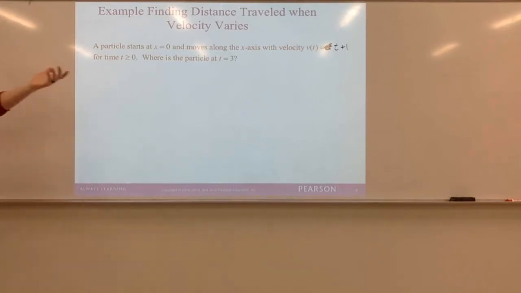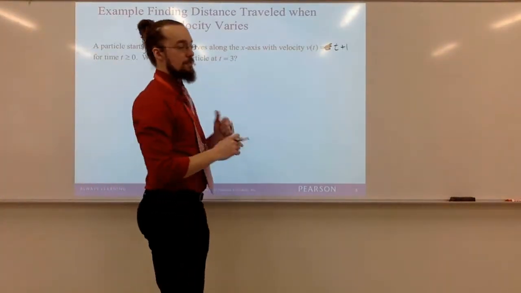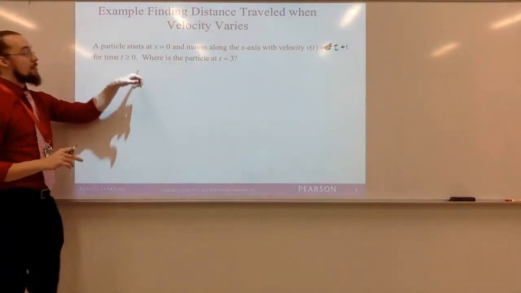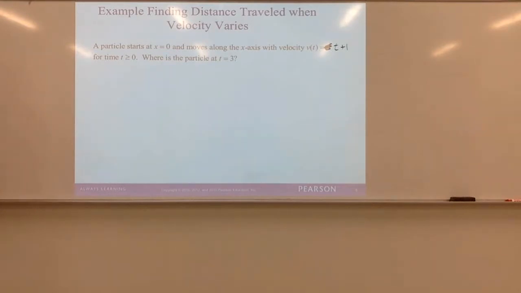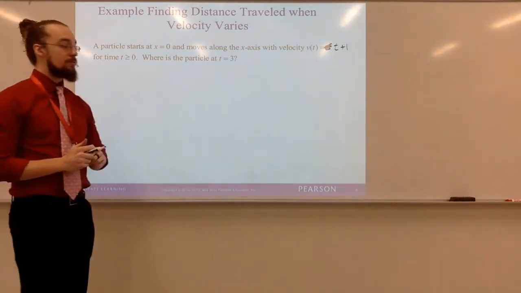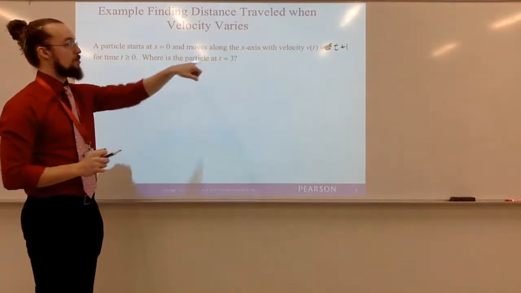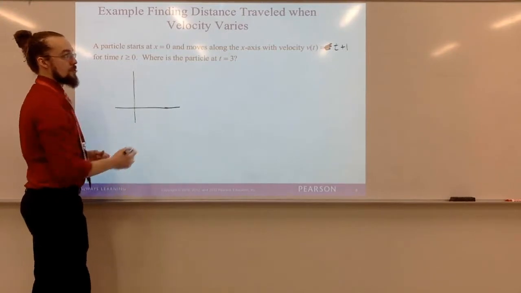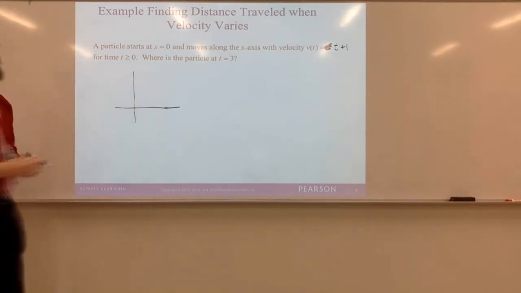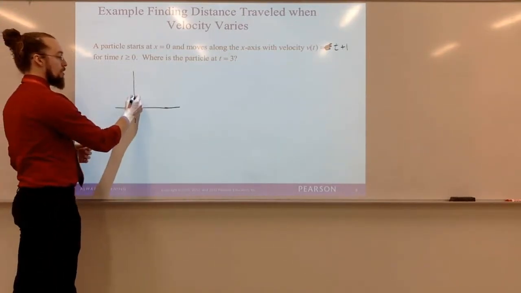This function, t plus 1, models the velocity. I'm asked about position. I want to find where the particle is. To find position, I want to find the area under this curve from 0 to 3. So if I graph this, this is just a line with a slope of 1 and a y-intercept of 1.